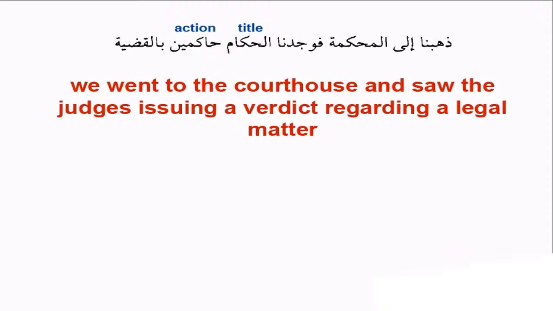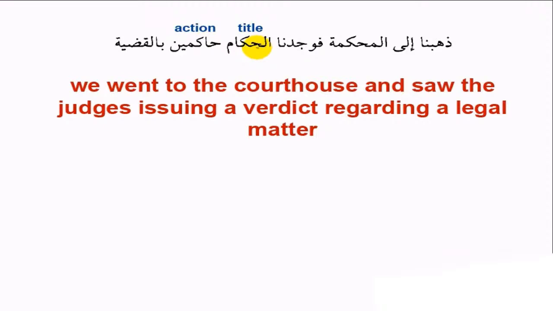So you can see how hukam and hakimin have their own usage, and we can't interchange one with the other. For example, we can't say وجدنا الحكام حكام بالقضية, or وجدنا الحاكمين حاكمين بالقضية, or to put them the other way around, وجدنا الحاكمين حكام بالقضية.